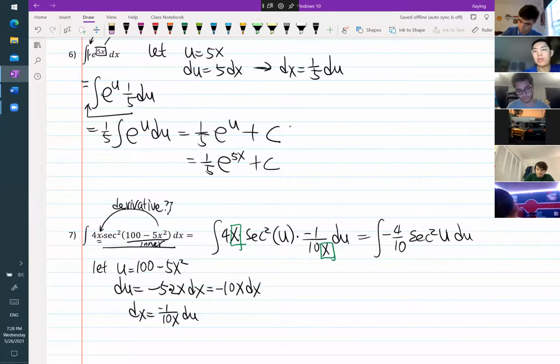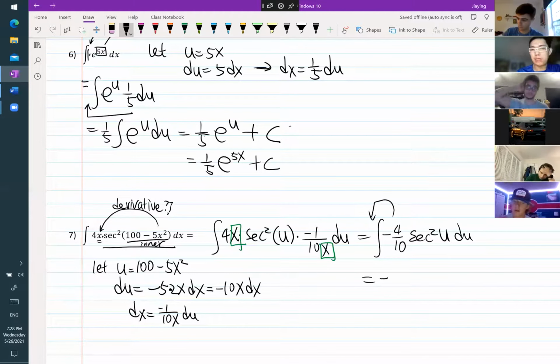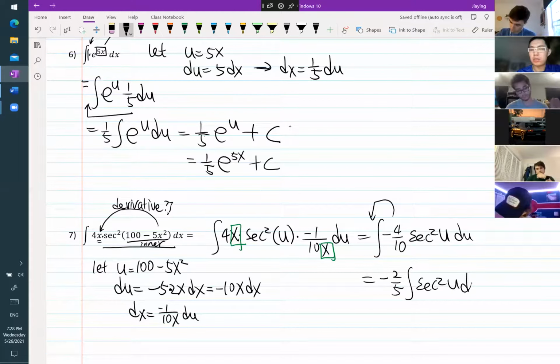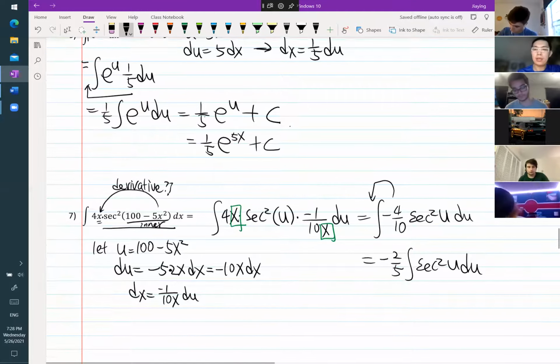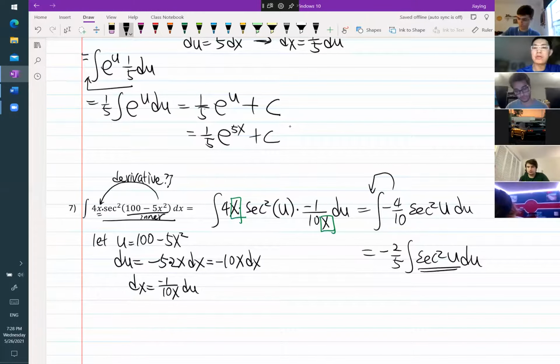Again, right now we end up with the integral of just u and du, which is good. So I can pull out the constant because I don't want to work with it. That's negative 4 over 10, or negative 2 over 5, times the integral of secant squared u du. If you remember, when you integrate secant squared, you get tangent.